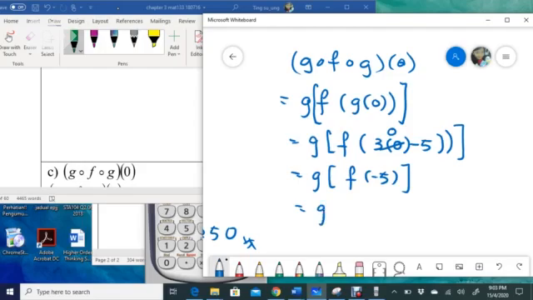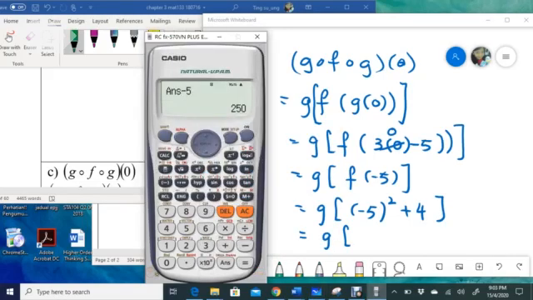Then your function f with negative 5, so you have negative 5 squared plus 4. You got 25 plus 4, you have 29.